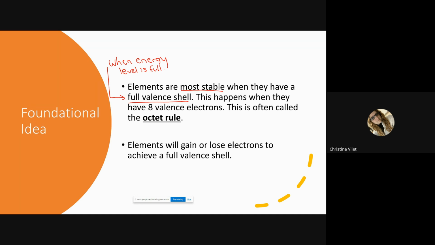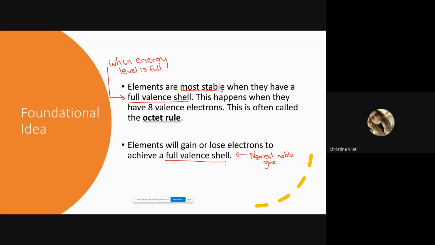So you would be looking for the nearest noble gas. For most elements, this is going to be 8 valence electrons that they're looking to have, except for helium and hydrogen, because the first energy level fills at 2.